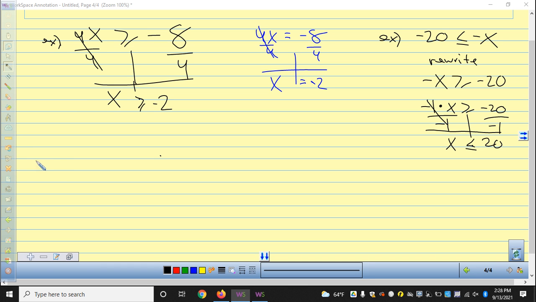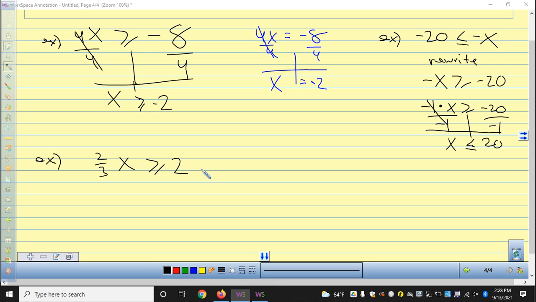All right, last example. And this is more just a reminder on how to deal with these kinds of problems. I have 2/3 x is greater than or equal to 2. How do I want to get rid of that 2/3?